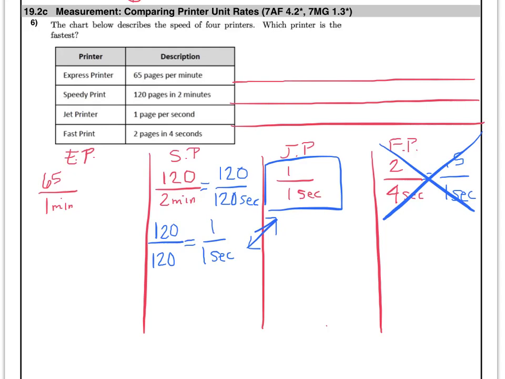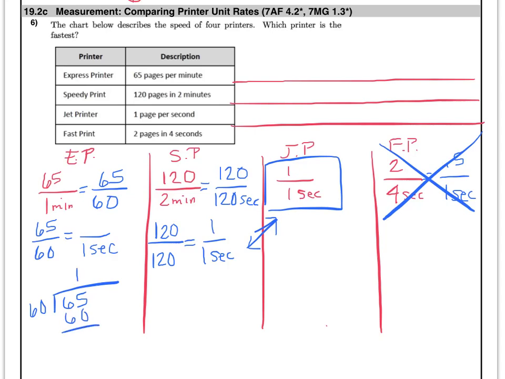65 pages in 1 minute is the same thing as 65 pages in 60 seconds. But I can't use 60 seconds. I have to take the 60 seconds down to 1 second. Okay, and so I need to do the long division. 65 divided by 60. This is going to go in 1 time, and I'm going to get a little more than a page.